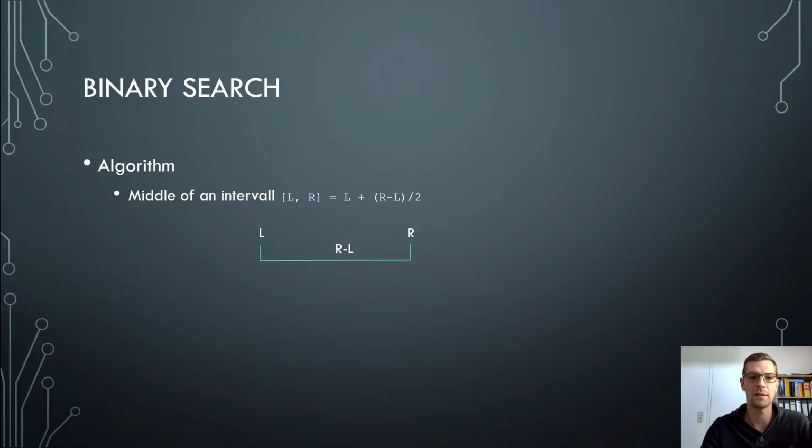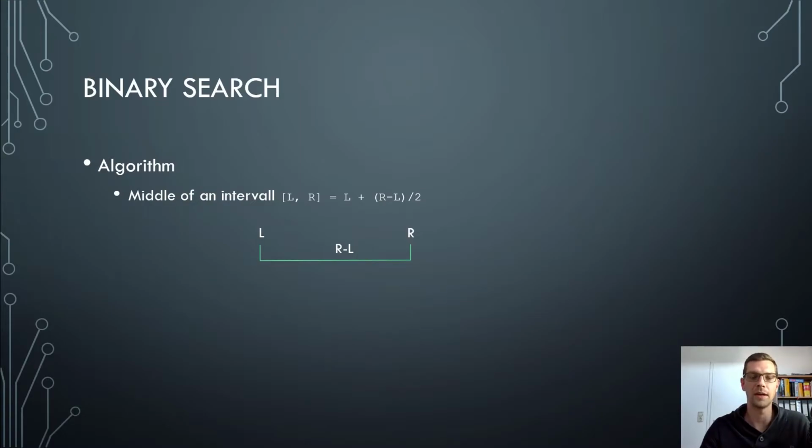So if we have an array with L and R as our indices, then L could be 0 and R could be the length of our array, or the length minus 1. So we have R minus L elements in it, and if we want the middle point, then we simply divide it by 2.